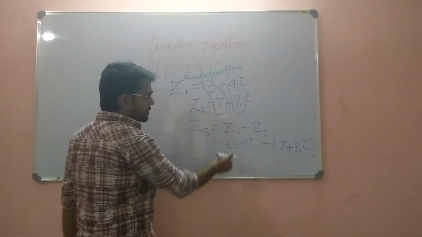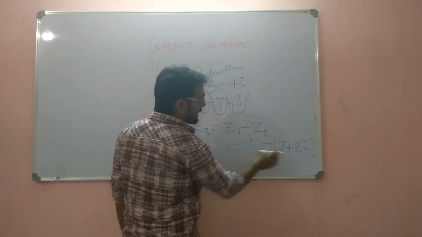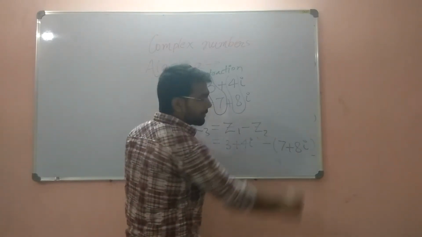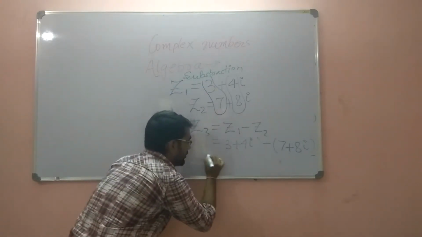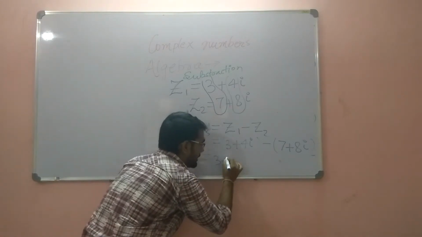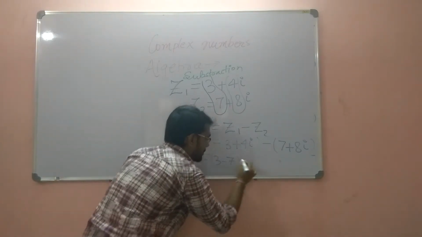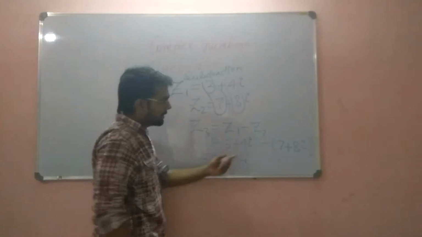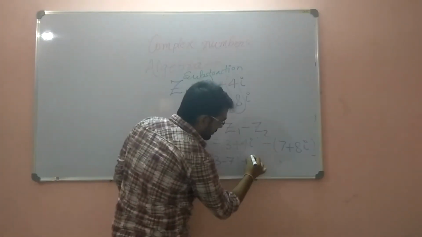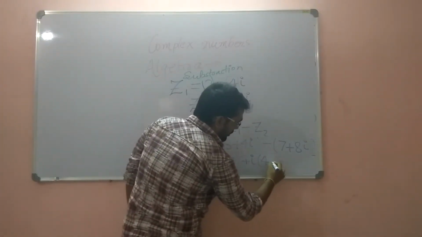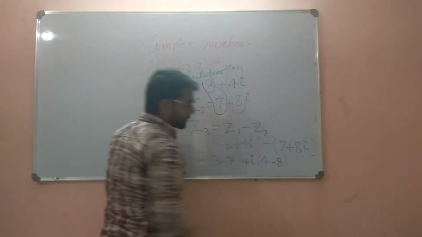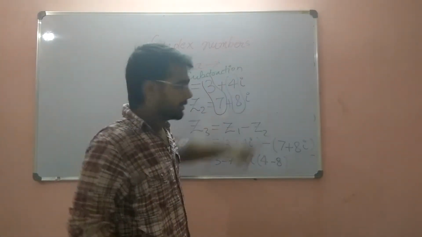So we subtract the real parts together and imaginary parts together, right? So this will be 3 minus 7 plus, we take iota common, 4 minus 8. So I am writing it here.